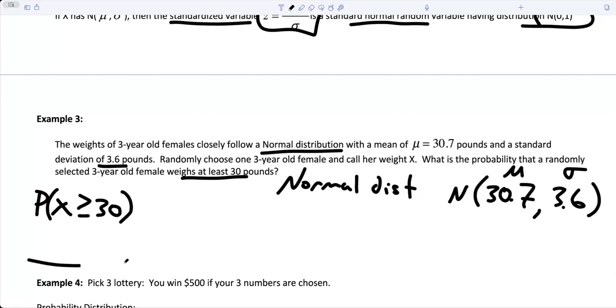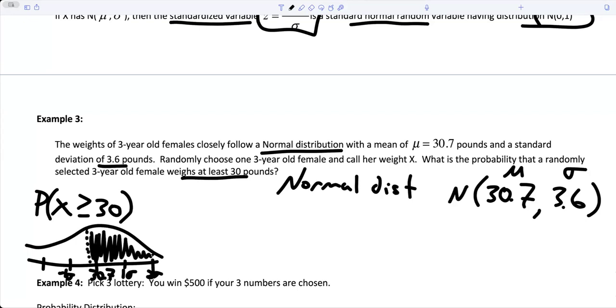So if I were to make a quick sketch, I've got a normal distribution. This is 30.7, which is the mean. I've got standard deviations over here, 1 sigma, 2 sigma, -1 sigma. Now I want to know the probability that it's slightly less than 30, which would be that shaded region.